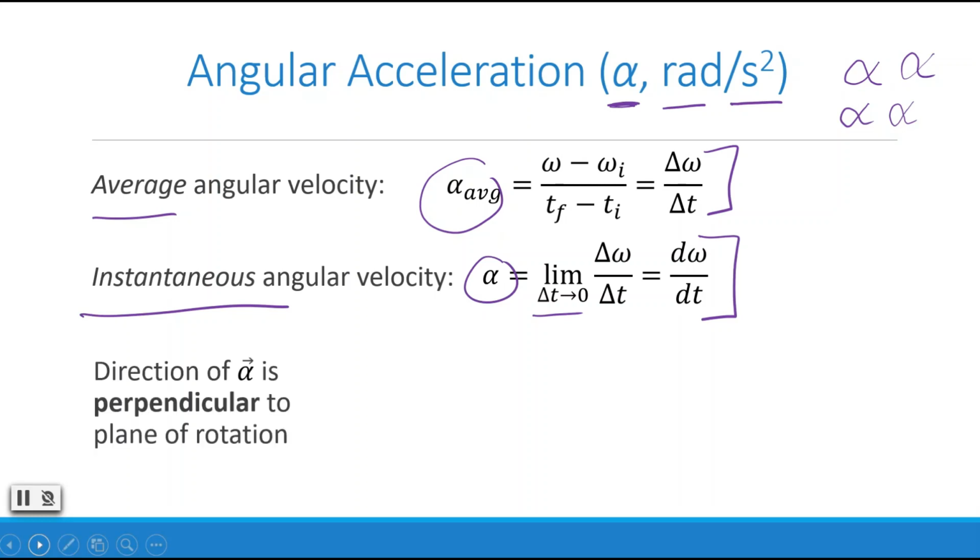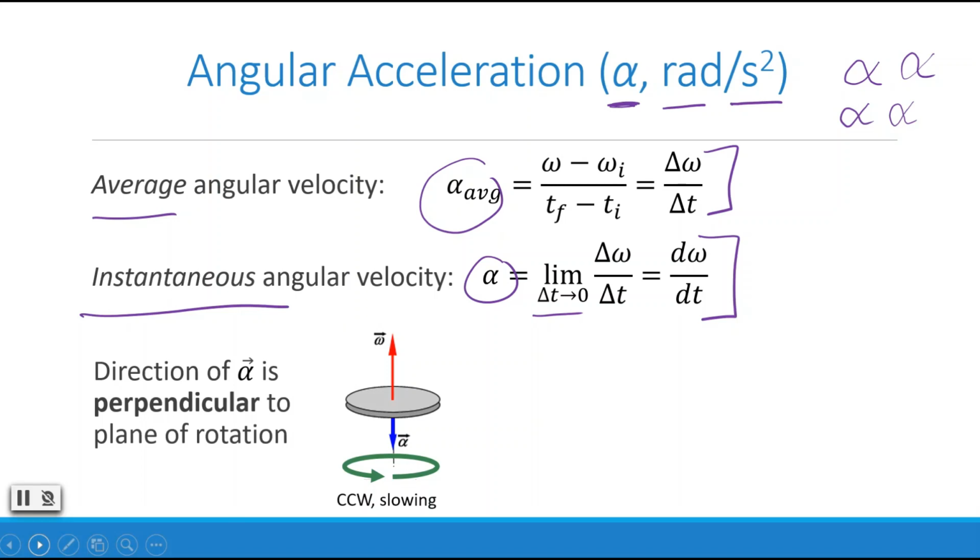The direction of alpha is also perpendicular to the plane of rotation. Remember that when we did linear acceleration, the direction of linear acceleration is in the direction of the net force. If an object is speeding up, then the linear acceleration and linear velocity are in the same direction. If an object is slowing down, they're in opposite directions. Same idea kind of works here.